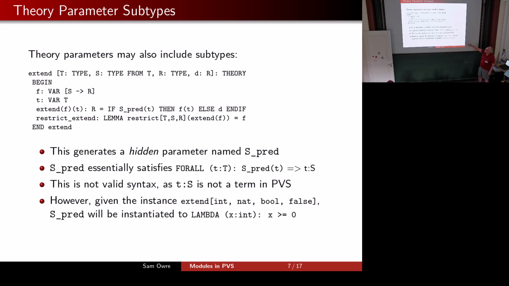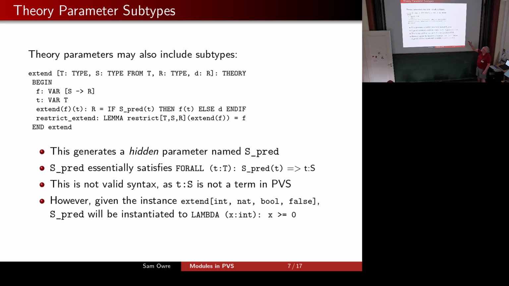It becomes a lambda term technically underneath, but basically it's saying that if the predicate on S holds of T, then take f of T, otherwise take the default value, whatever that is for the range.